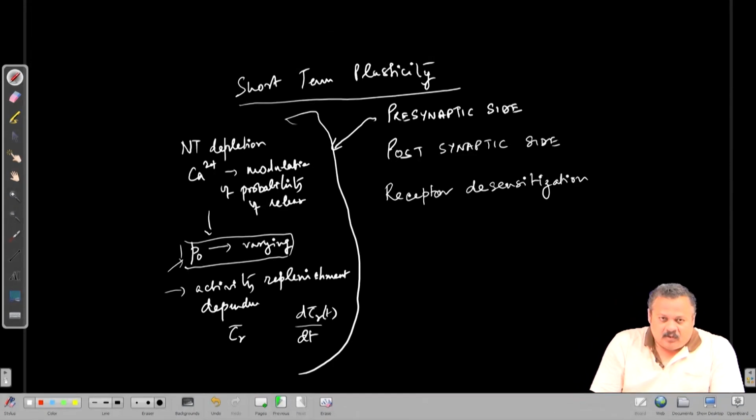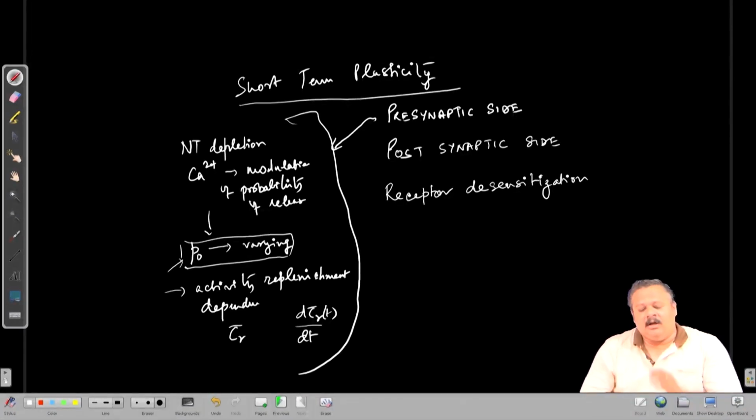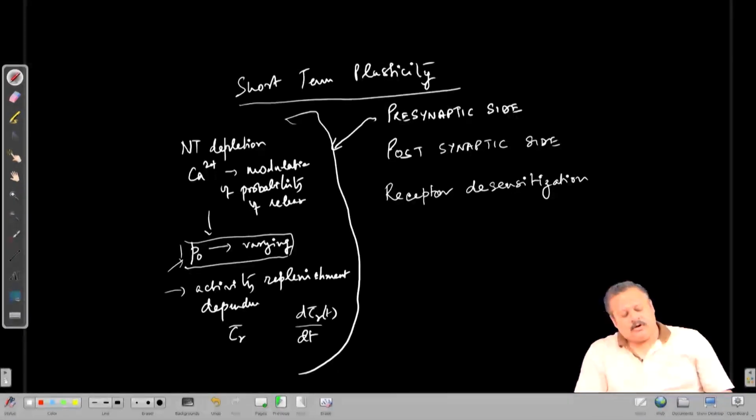So, that also leads to a factor in the short term plasticity, and even if the mechanisms in the presynaptic side do not conform to short term plasticity for a particular synapse, based simply on the postsynaptic side's receptor desensitization, we could see short term plasticity.